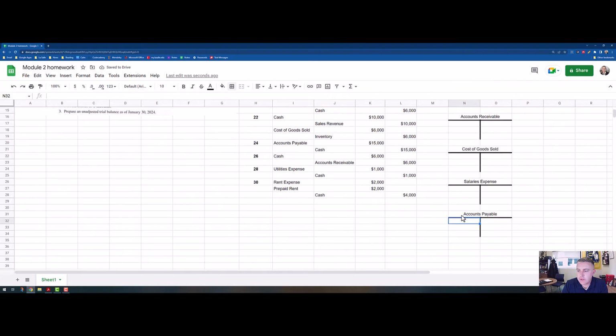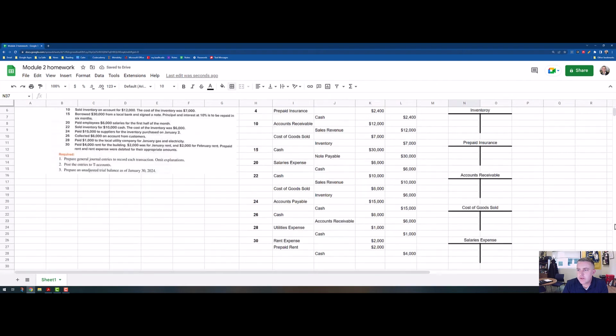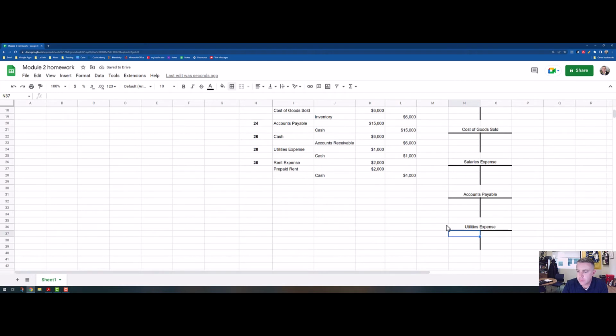We don't have utilities expense yet. Let's put an account for that. All right. Utility. And then we have, do we have rent expense yet? No. We don't have rent expense. Rent expense and prepaid rent are the last two.